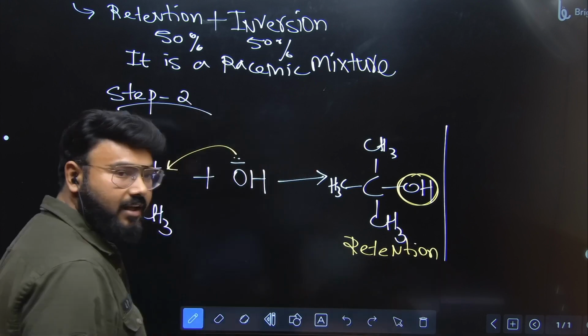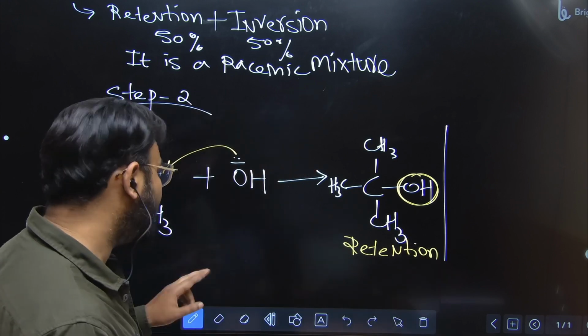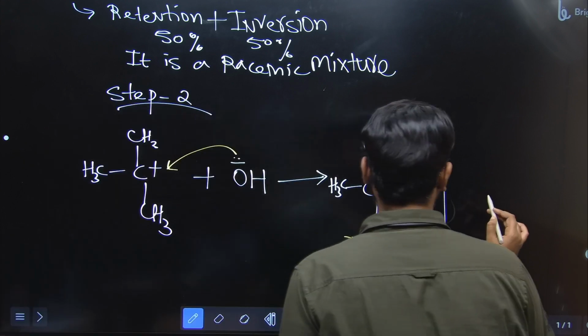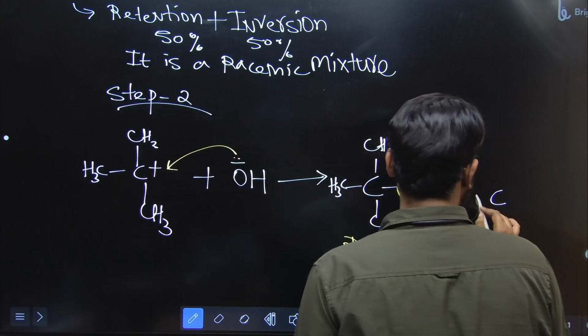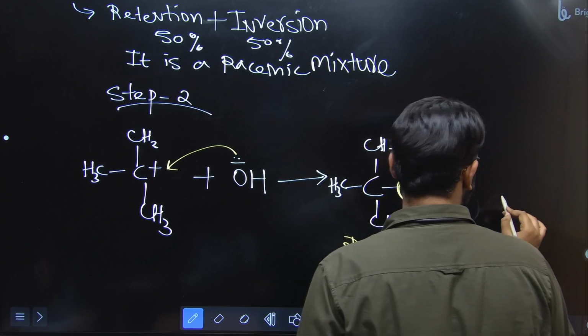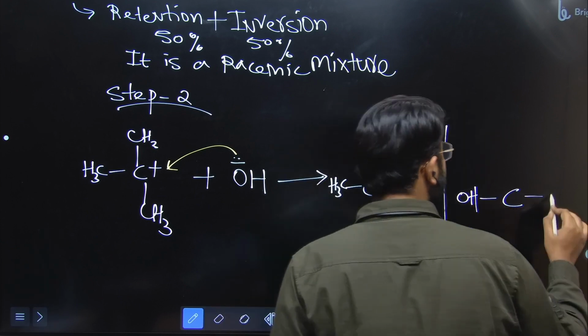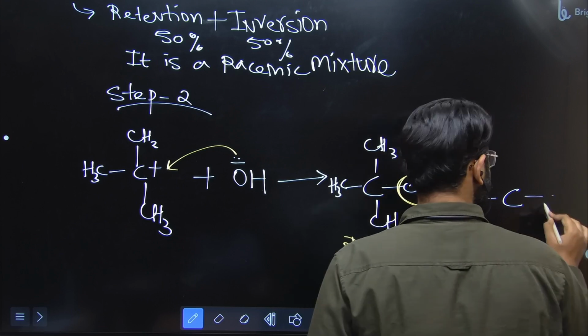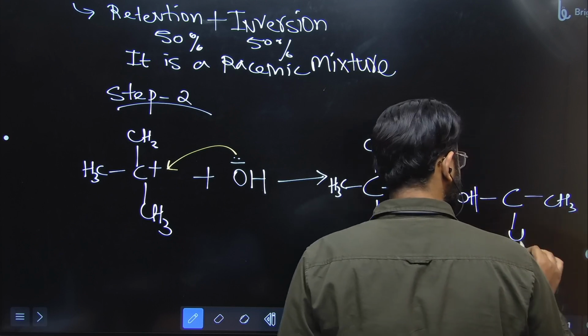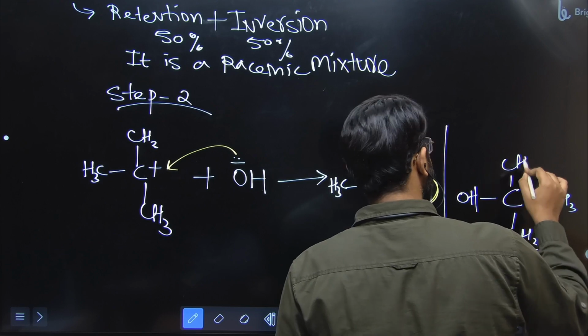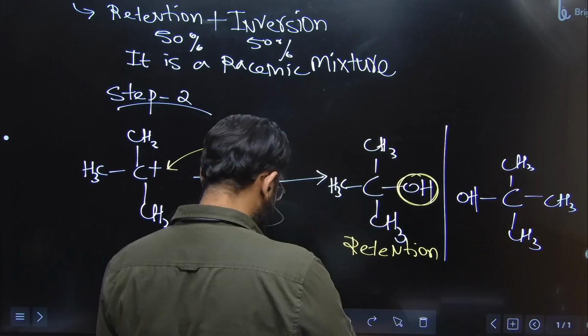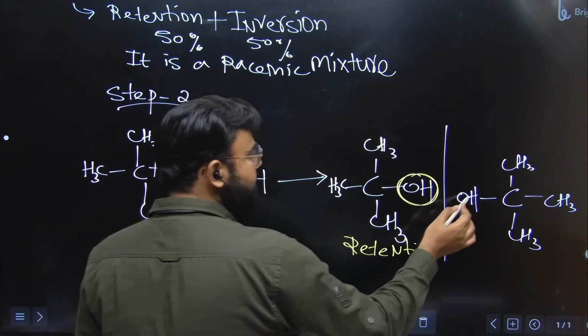All right. And now, if you see here, if the OH comes on that side, just the opposite, guys. This is also a tertiary butyl alcohol only, but look at that OH, it has come just opposite.